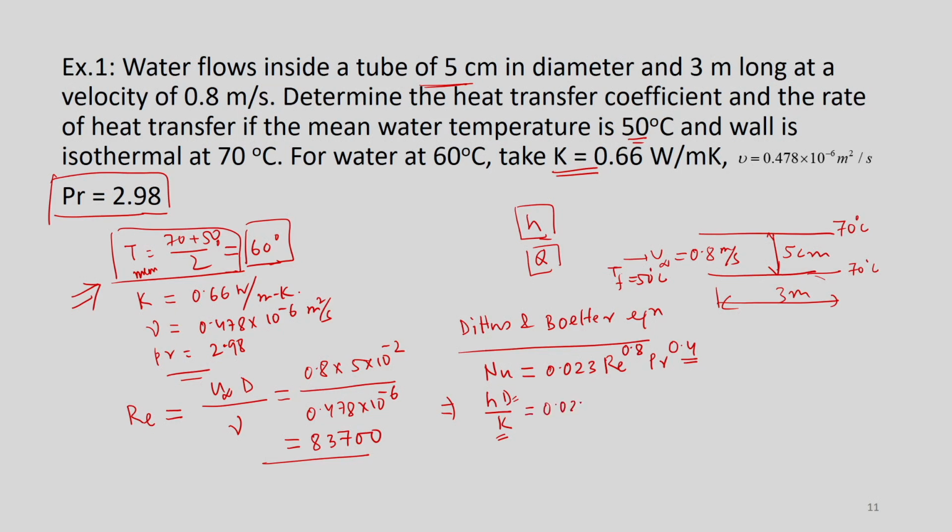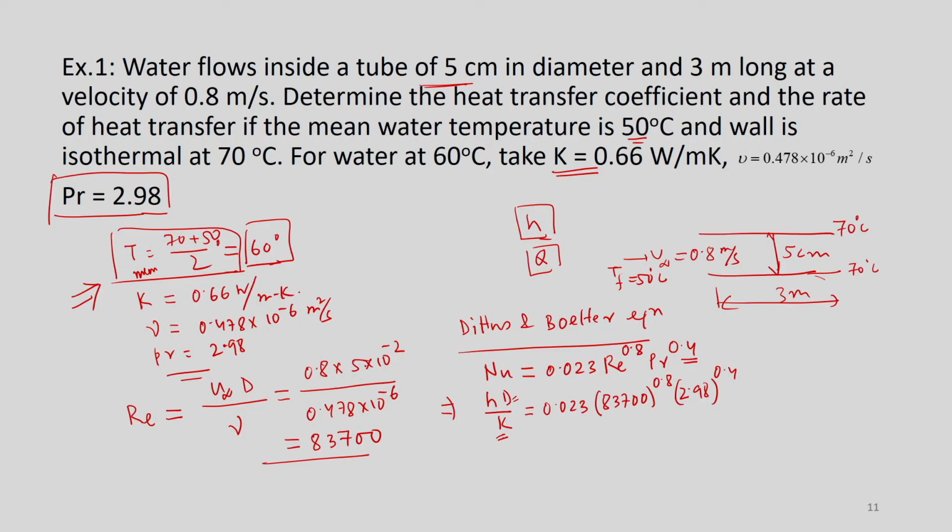So, 0.023, Reynolds number already calculated 83700 to the power of 0.8, and Prandtl number 2.98 to the power of 0.4.